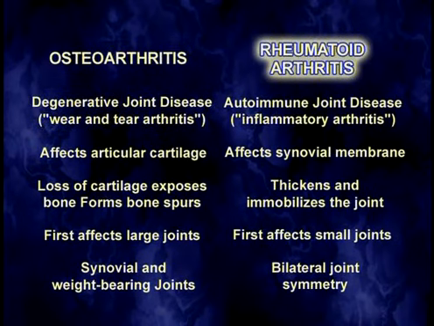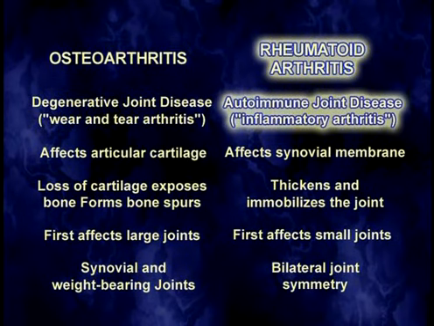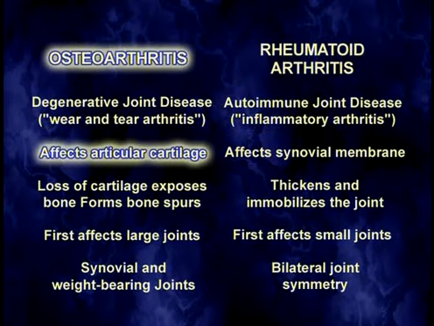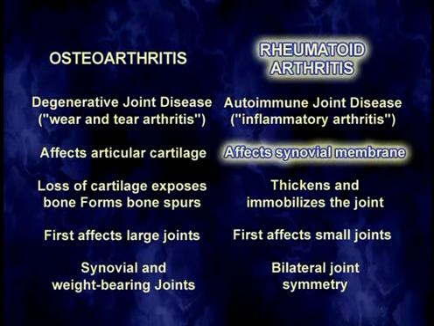Rheumatoid arthritis is an autoimmune disease. It's an inflammatory arthritis, and you become allergic to your own joints. Another autoimmune disease. The osteo affects the articular cartilage, the cartilage I just showed you in the last slide, and the rheumatoid arthritis affects the synovial membrane more.